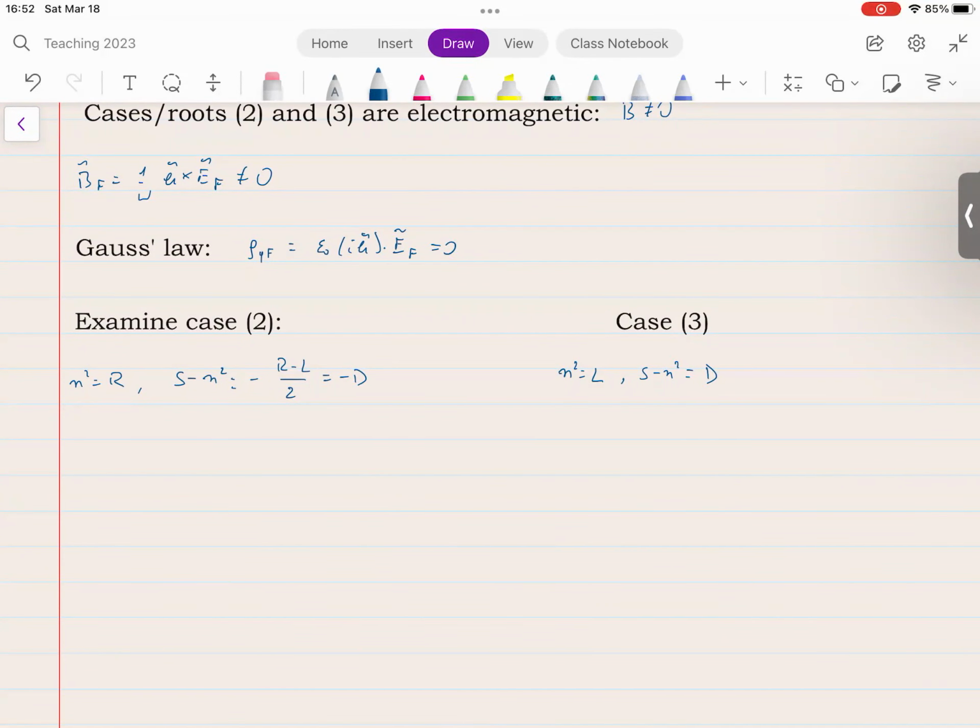So in the right polarized case, the case 2, the x component in real space is going to be the real part of E0 e to the minus i omega t. And that gives me a cosine.